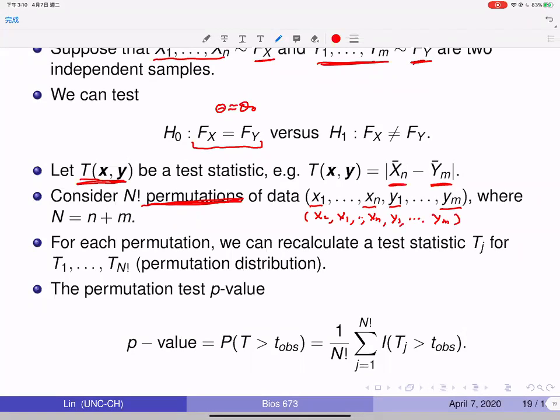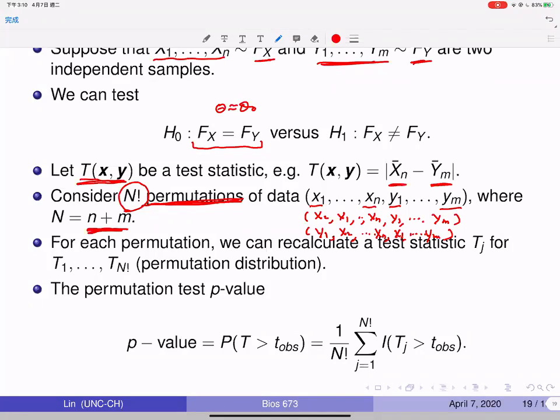You could also permute Y1 first, then X2 second, dot, dot, dot, until Xn, then X1 switched with Y1. That means you basically put your n plus m observations into different slots and recombine them. Then how many permutations do you have? Nothing but N factorial, where N is n plus m.